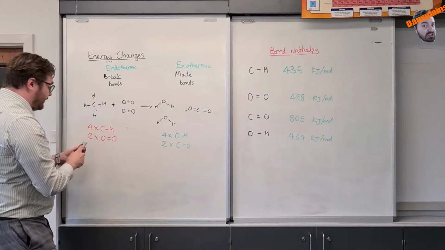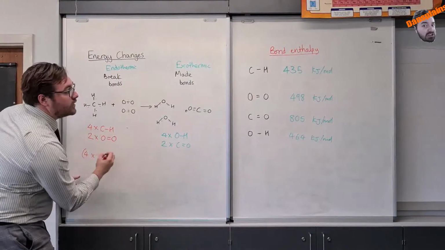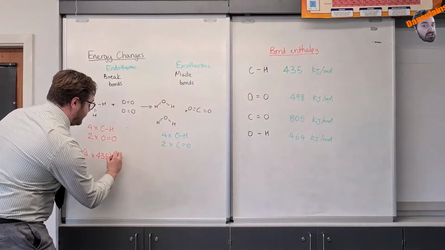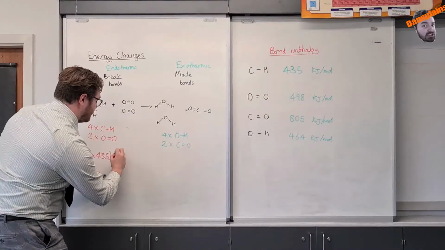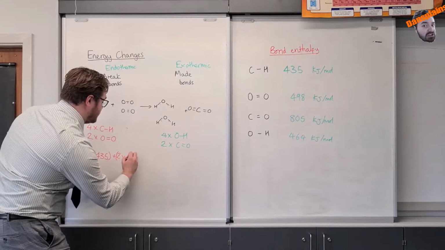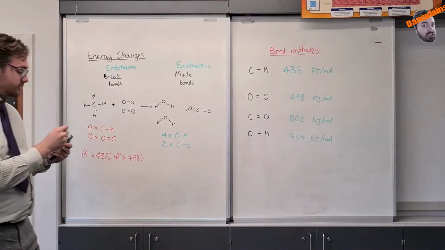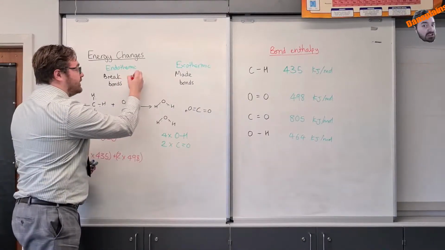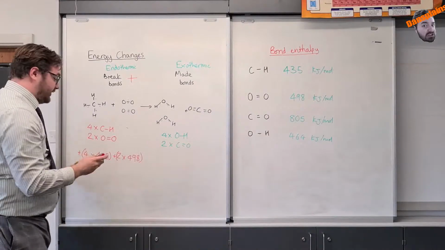So 4 times C to H, 4 times 435, plus 2 times 498. Because I'm putting in energy and endothermic is positive, these two get plus.